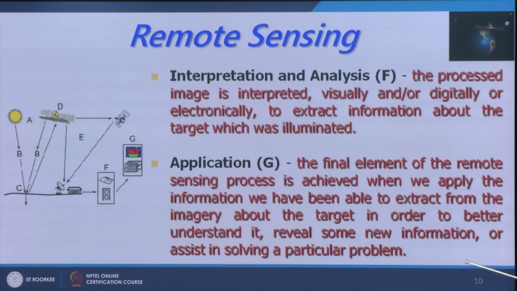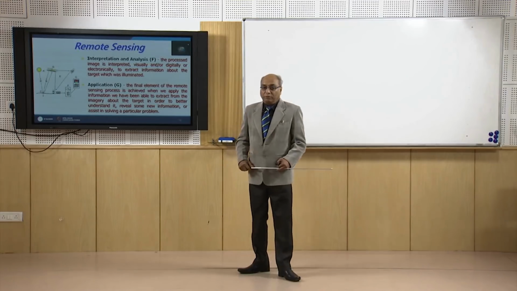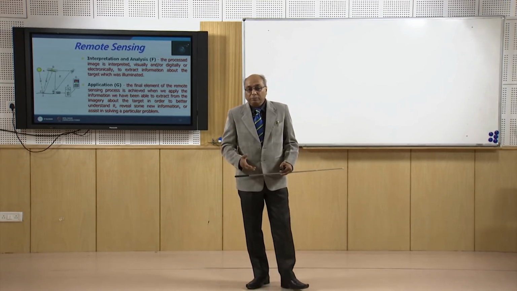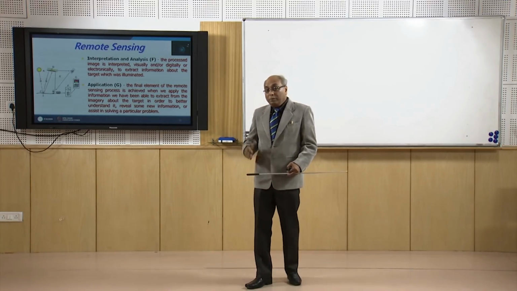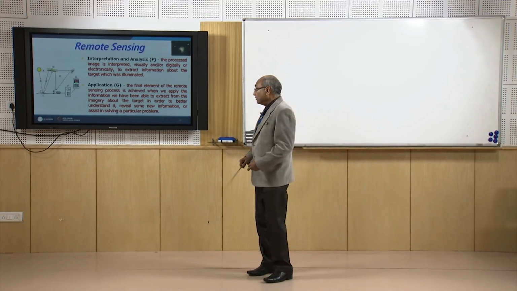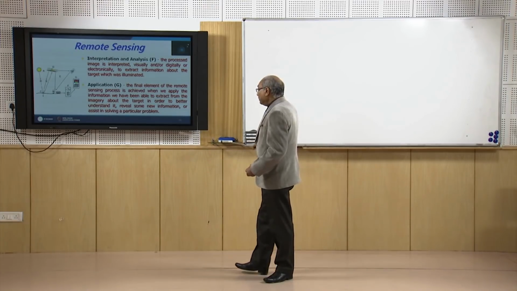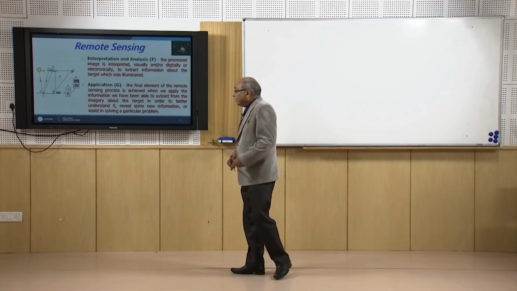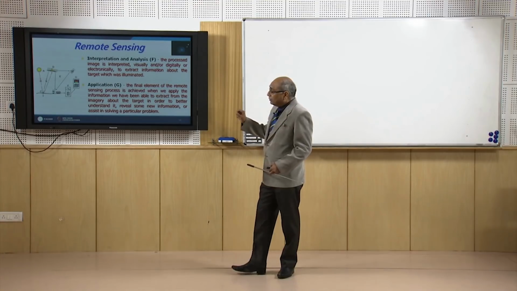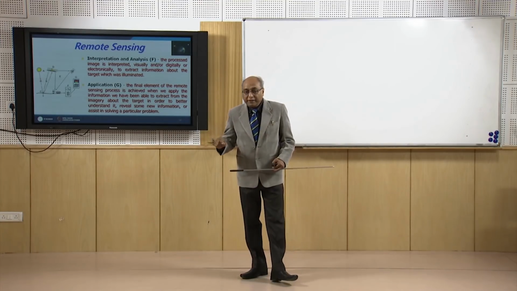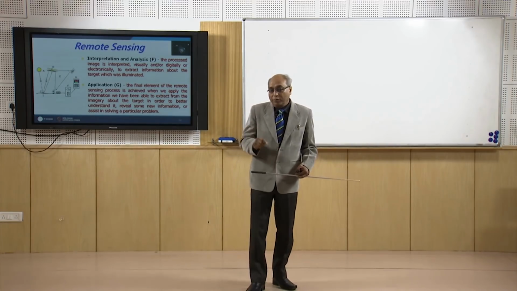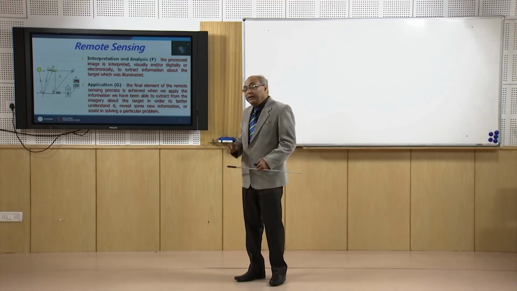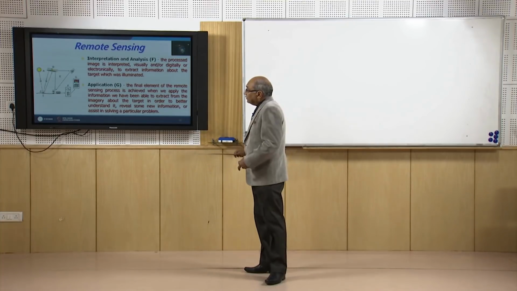Some of the applications have still not been developed or explored, and I am sure that with more data and different types of sensors, people will explore more applications of remote sensing. The most important thing is that whenever a disaster occurs, whether it is flooding, earthquake or landslide, the first thing people look for is remote sensing data, and that is a very good application of remote sensing.